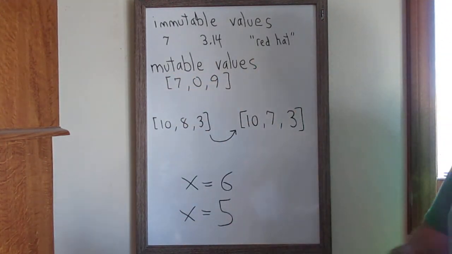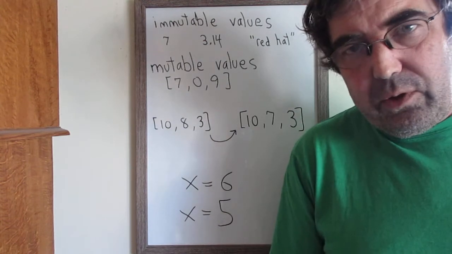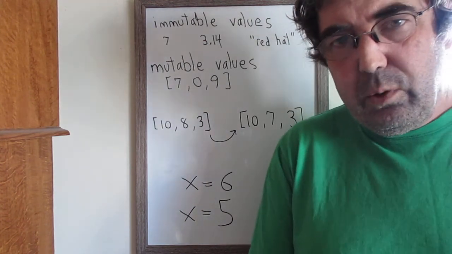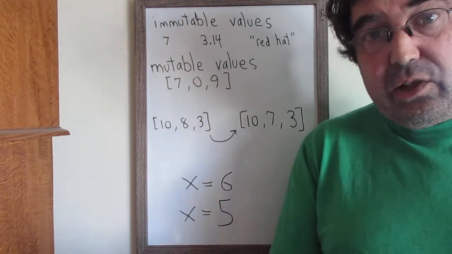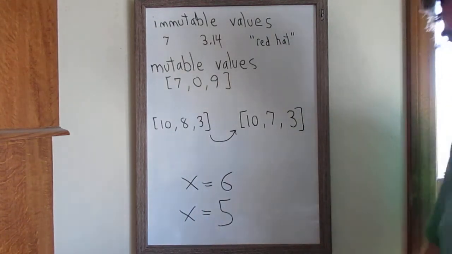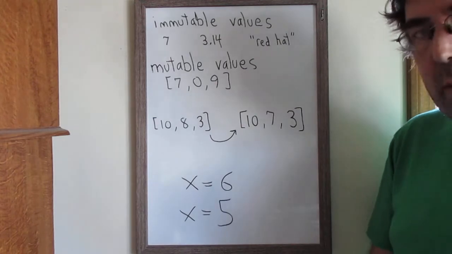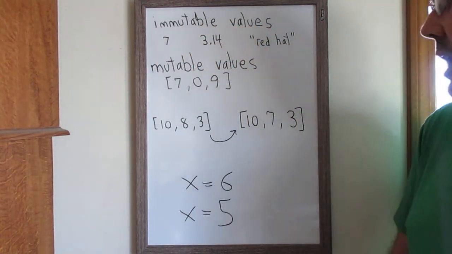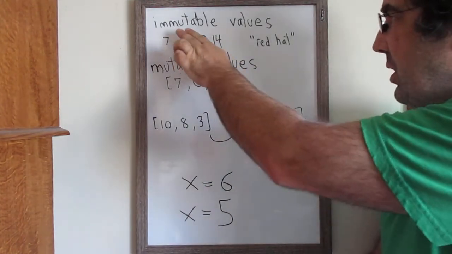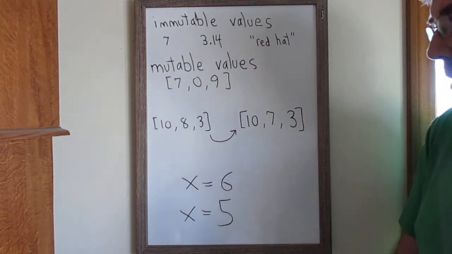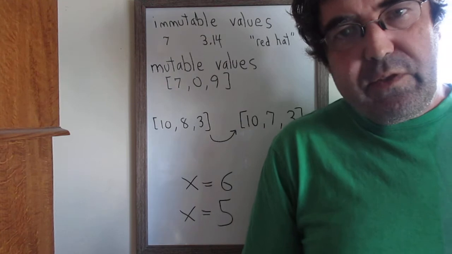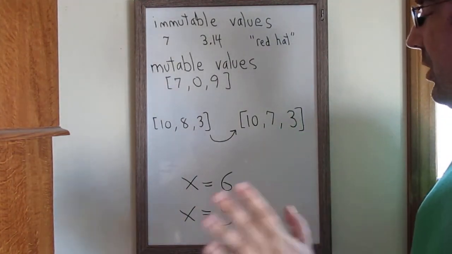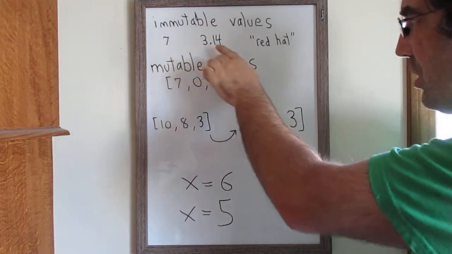Okay, the simplest and smallest types of values for beginner students are numbers and strings. A number is always an immutable value, unless you're using a programming language from the 1960s, which you are not. So you can always assume that a number is an immutable value.